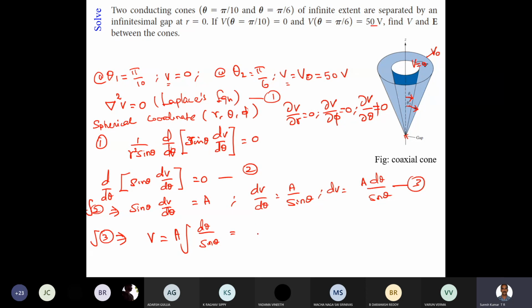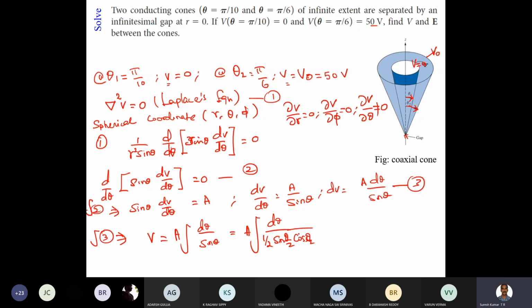So you need to be ready with this kind of integration of d theta by sine theta or cos theta or tan theta. You can refer to the textbook, the solutions might be available, or you can refer to a standard table. If you know the answers, you can directly write them.